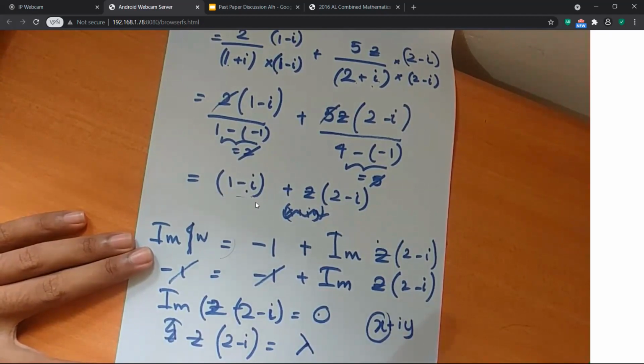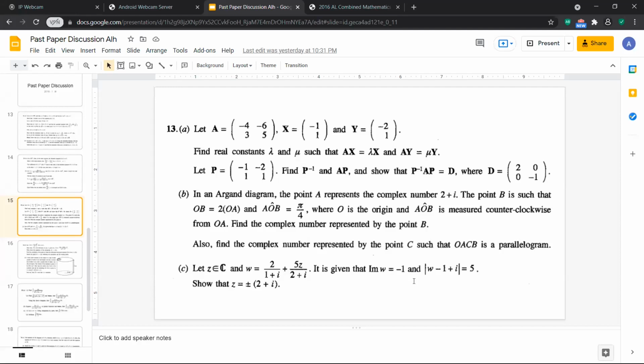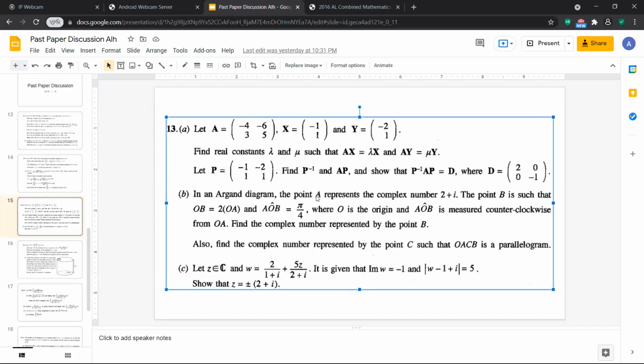So from the first part, they have given that the imaginary part of w is minus 1. We got that part. The next thing we have been given is that the modulus of w minus I plus 1 is equal to 5. So where can we apply this? What is w? We already got it.